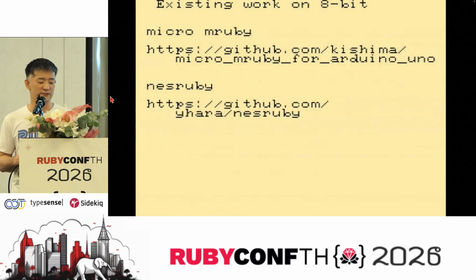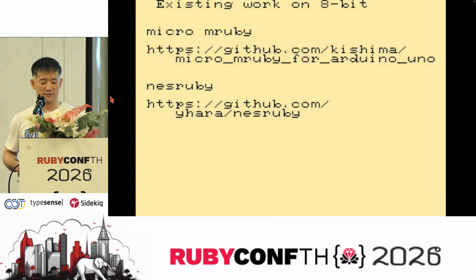And also NES Ruby, this was a work from a couple of years ago, I think, and this was someone developing mruby VM that runs on Nintendo Entertainment System, which runs 6502, another 8-bit processor plus 2 kilobytes of RAM.